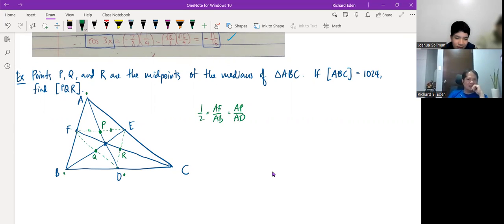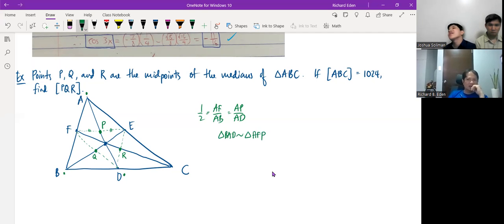Since BAD is reflexive to itself, then by SAS, triangle BAD is similar to triangle AFP, or FAP.